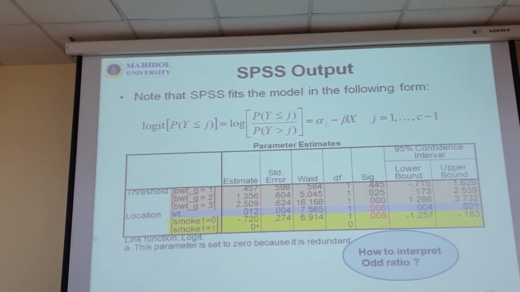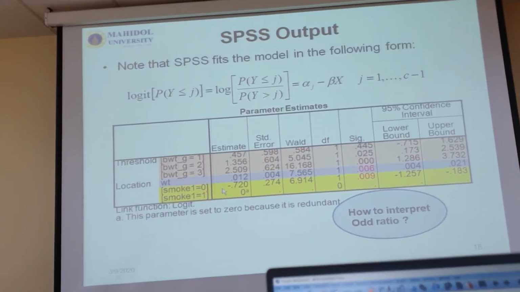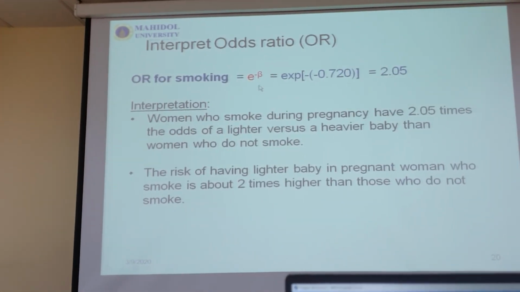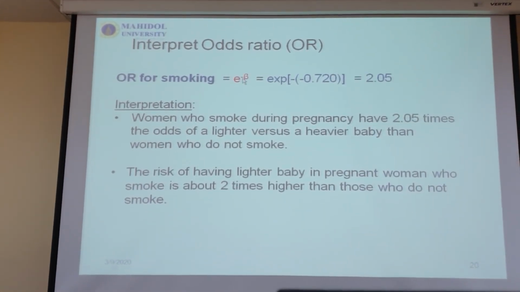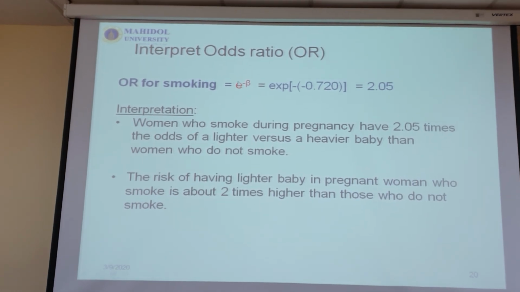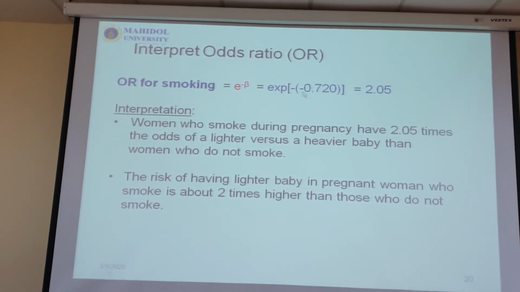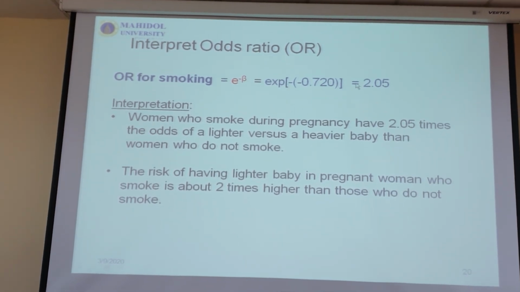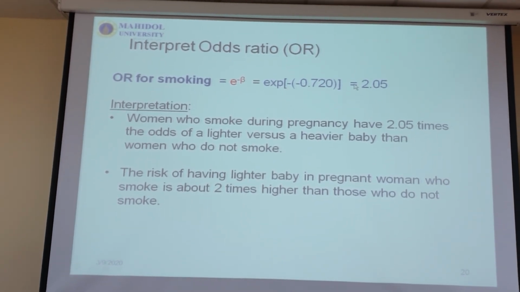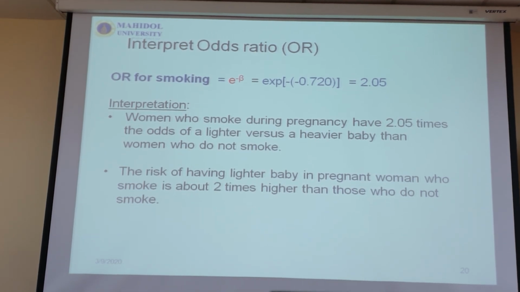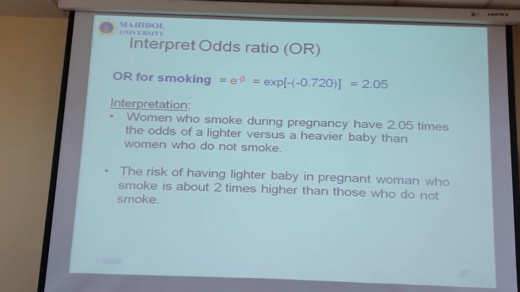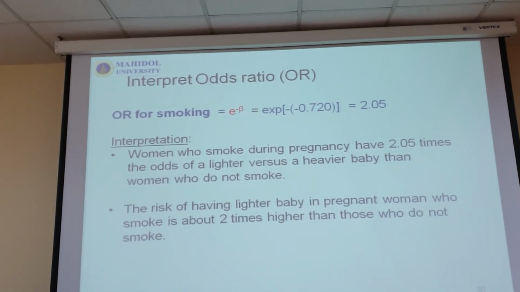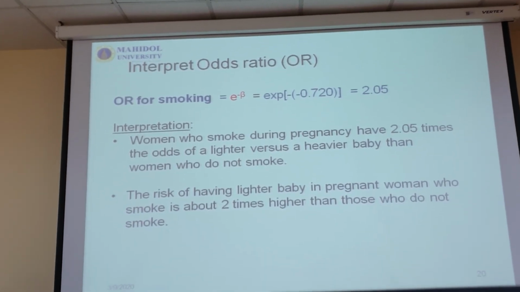So our beta is minus 0.72, and our odds ratio is exponential of minus beta. So it's going to be the plus sign. The odds ratio is equal to 2.05, because everything is based on the SPSS output.